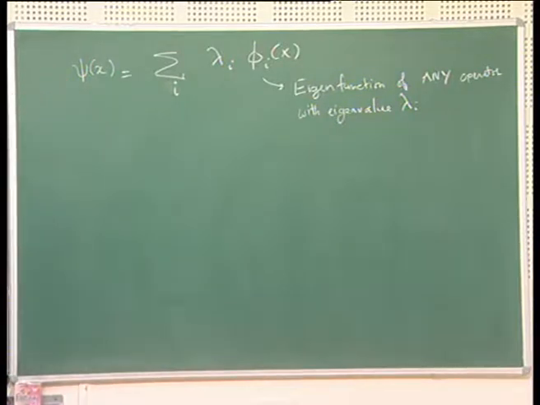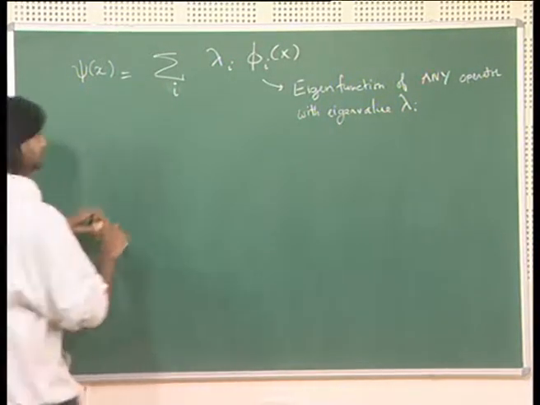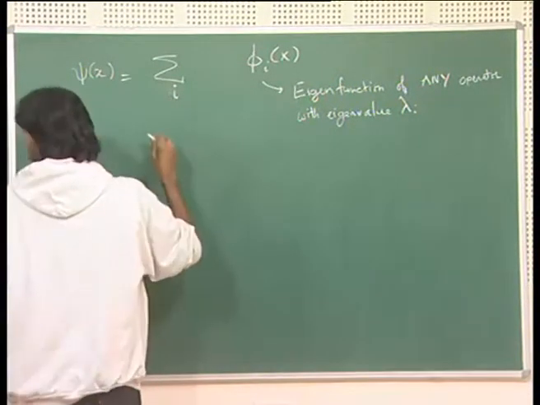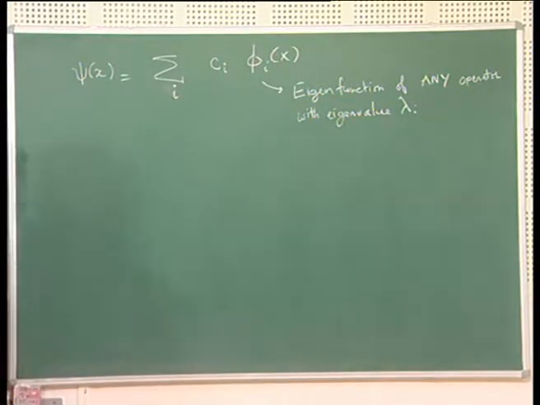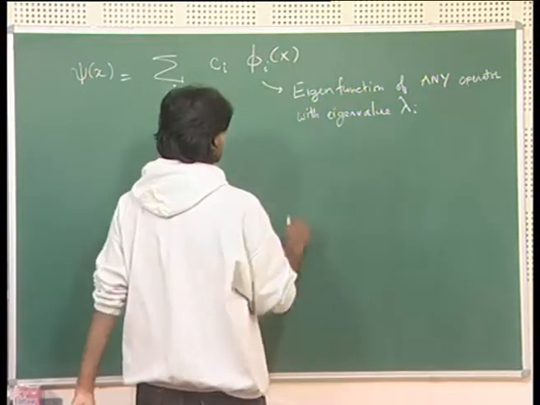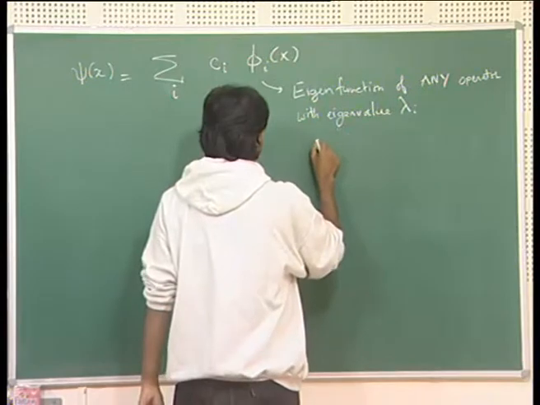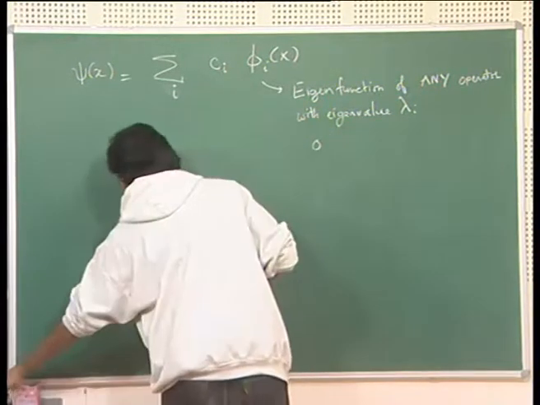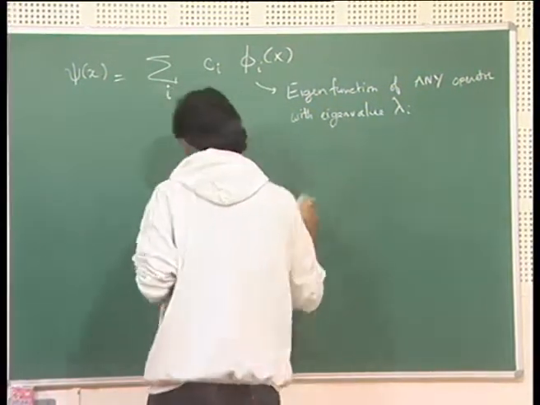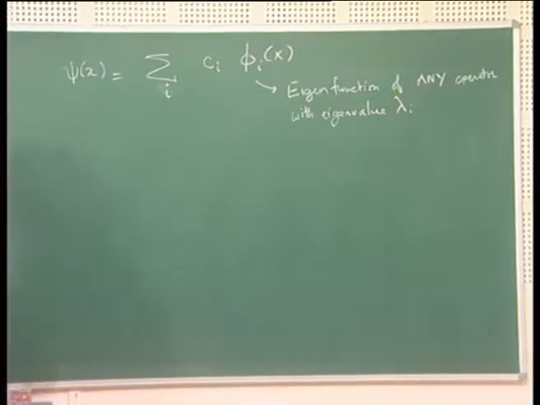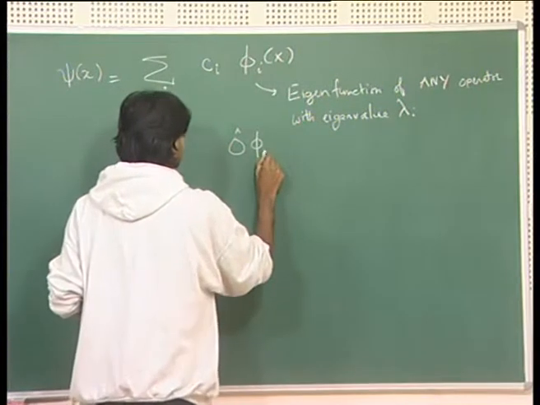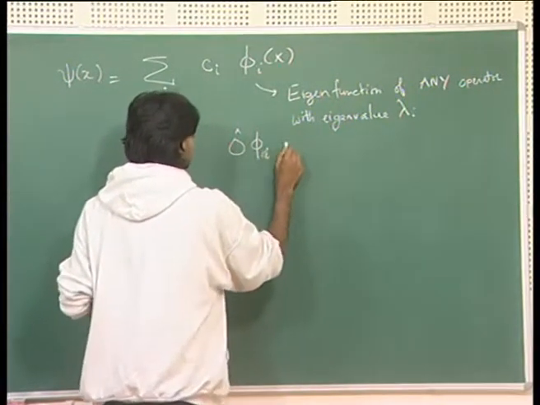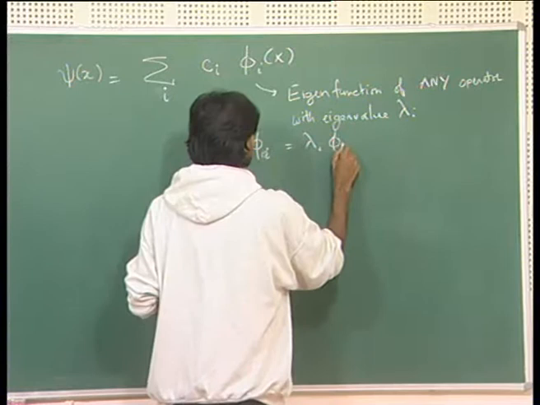Oh, I should not call this lambda I, this should be C I. So, C I phi I. Now, since this is an eigenfunction of the operator, in other words, operator O on phi I is equal to lambda I phi I.